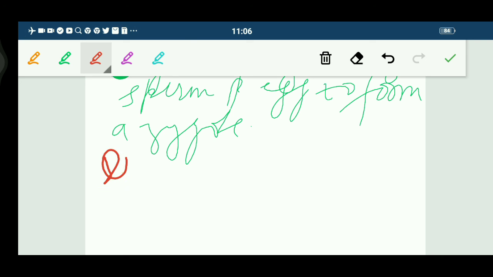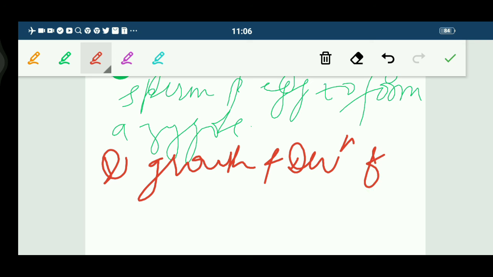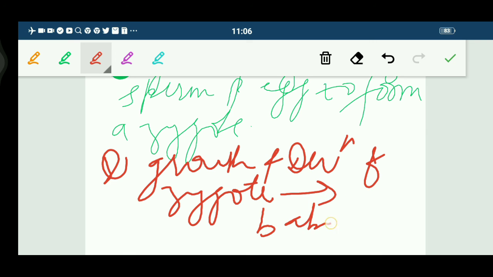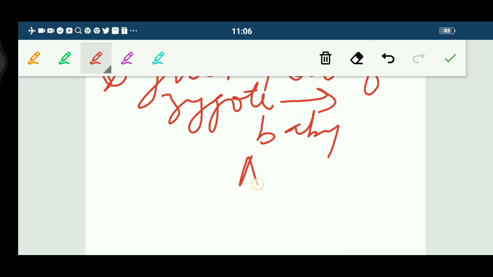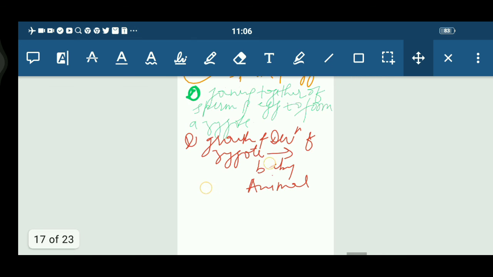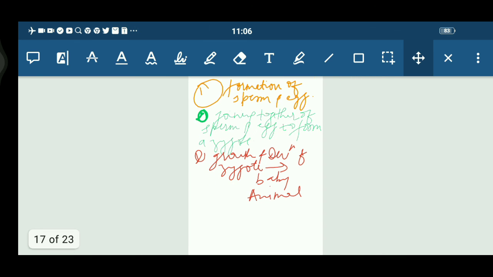Moving on to the third point, which is also very important, the growth and development of zygote to form a baby animal. You can just read down these things now, very very important. So these 3 points are the basic points that we have discussed.